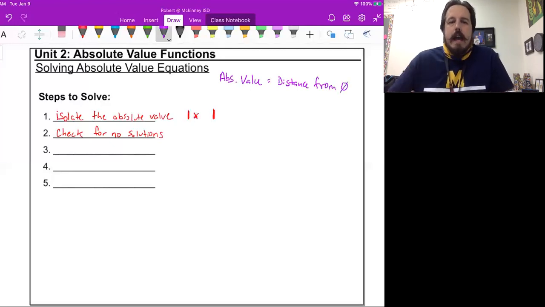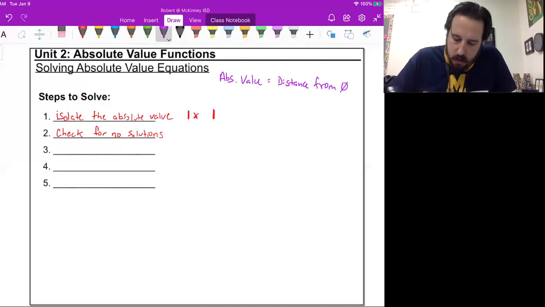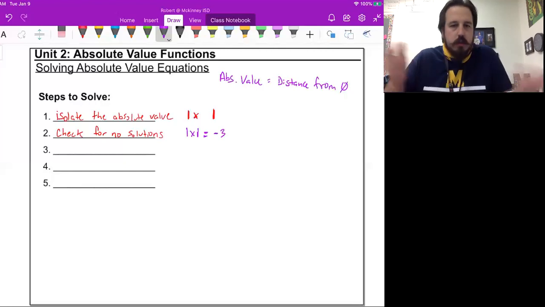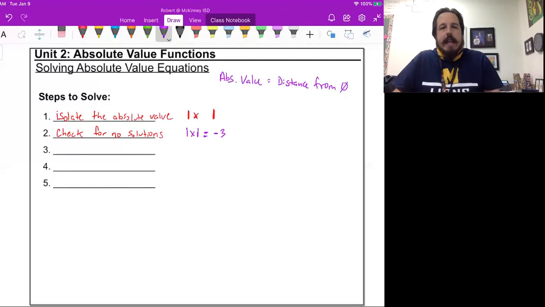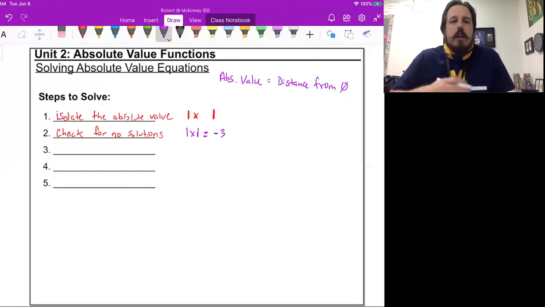You cannot have a negative distance. So if your absolute value equals a negative number, say, I don't know, negative 3, then there are no solutions because you can't be negative if you're taking the absolute value.